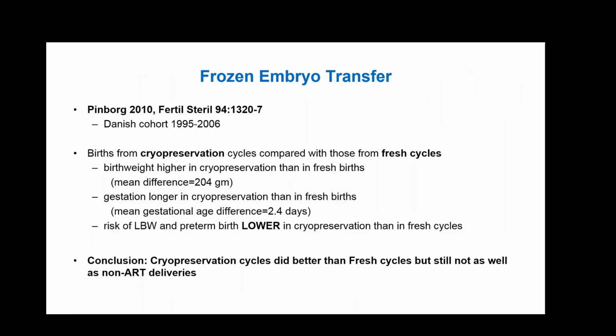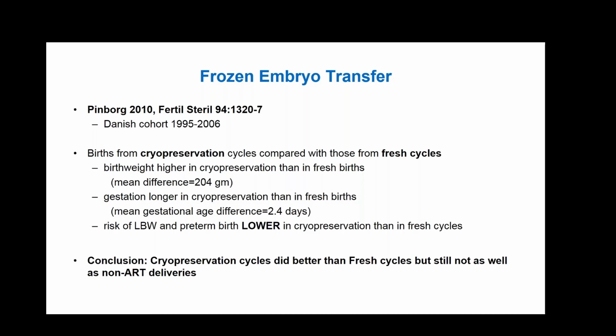Turning to frozen embryo transfer, studies have suggested fewer risks with the frozen than with the fresh embryo transfer. Birth weight in a 2010 study was higher in the cryopreservation cycles than the fresh by 204 grams, and length of gestation was longer by 2.4 days.